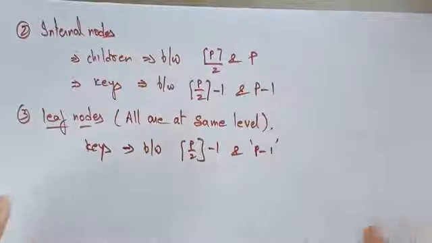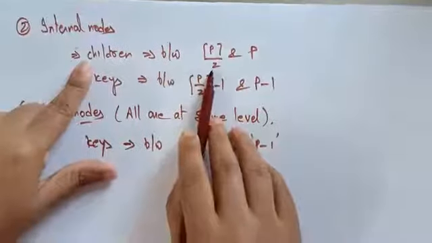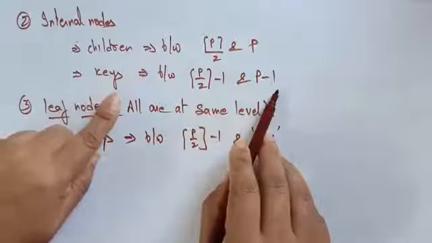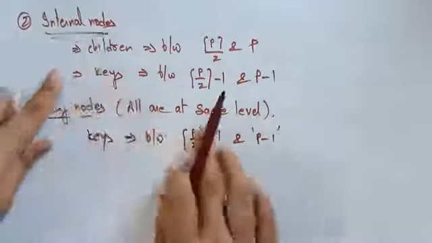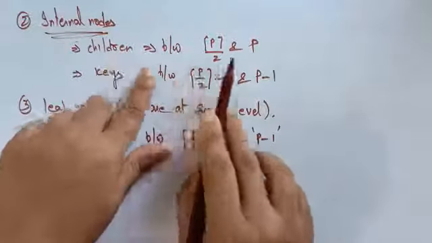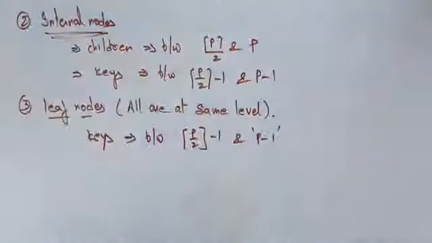So children is always between P by 2 and P, and keys between P by 2 minus 1 and P minus 1, for the internal nodes. The minimum is P by 2, minus 1 for the keys, and for children it is P by 2 only, not minus 1. So these are the properties of the B trees.